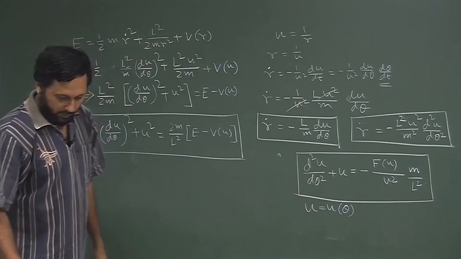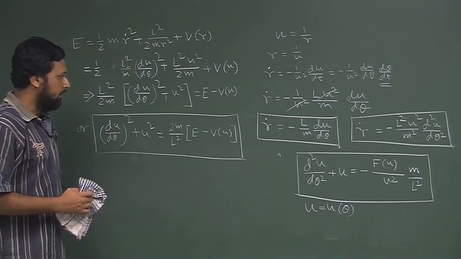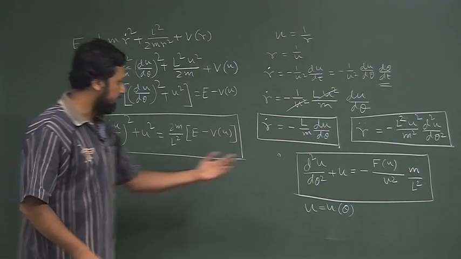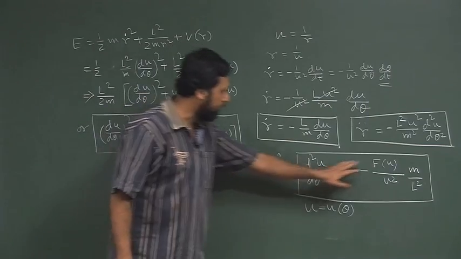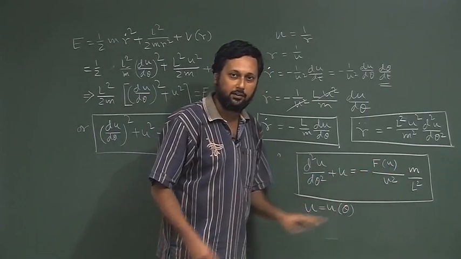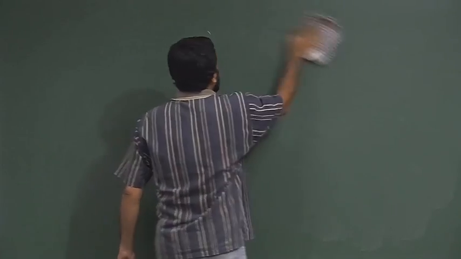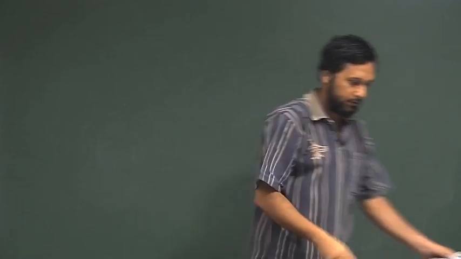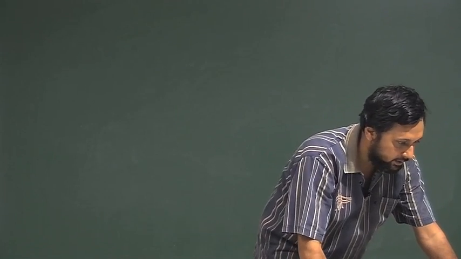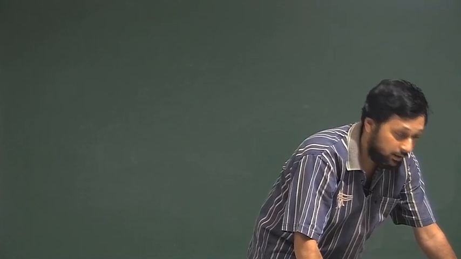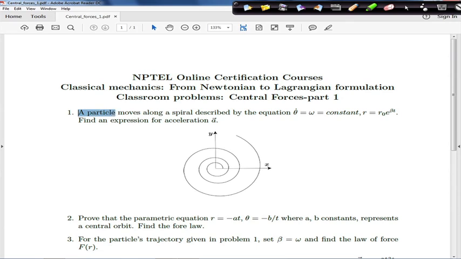Now, before moving any further using this equation and seeing what happens for different cases, let us take some examples. So, we have some classroom problems like we have in every class. The first problem is a particle moves along a spiral described by the equation theta dot equal to omega equal to constant, r equal to r0 e to the power beta t.